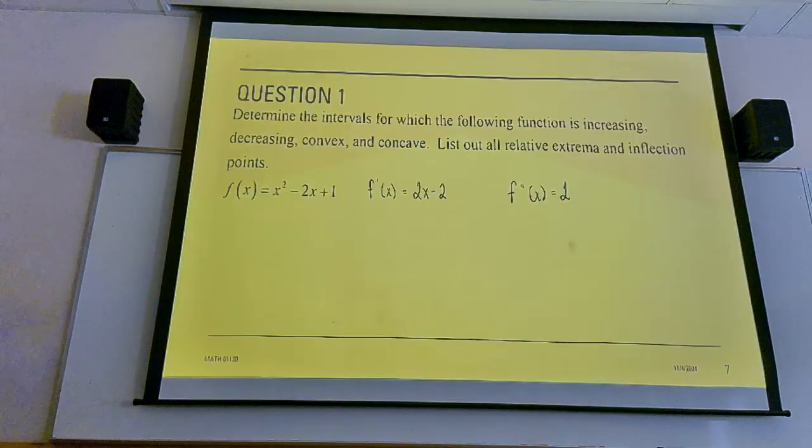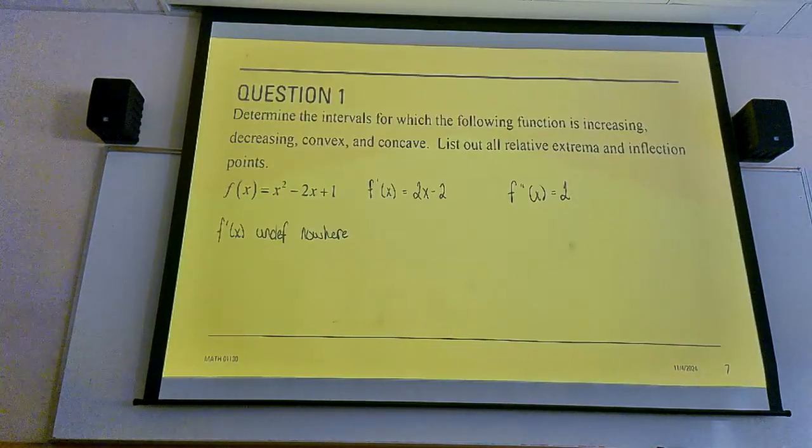We'll start by analyzing f prime. Is there anywhere that f prime is undefined? No. Now we just set it equal to 0.